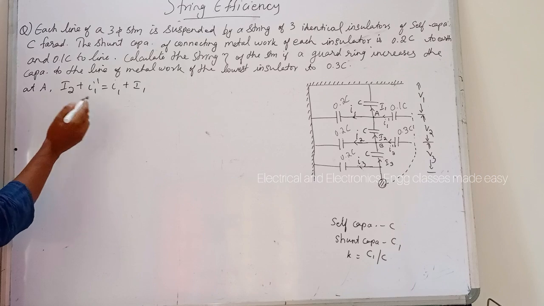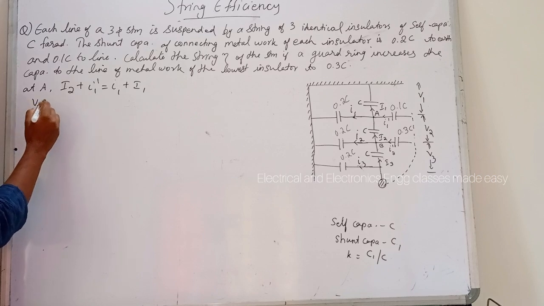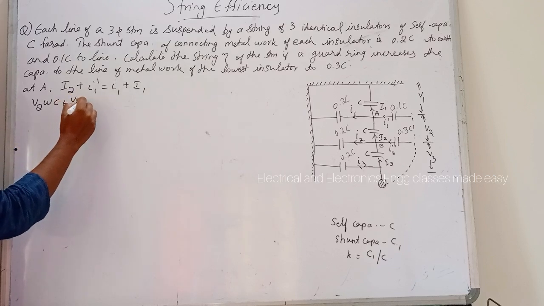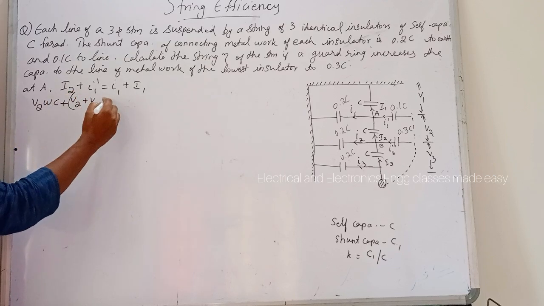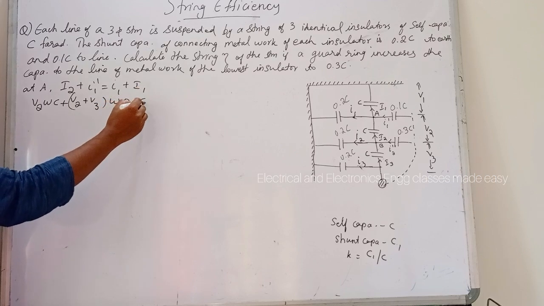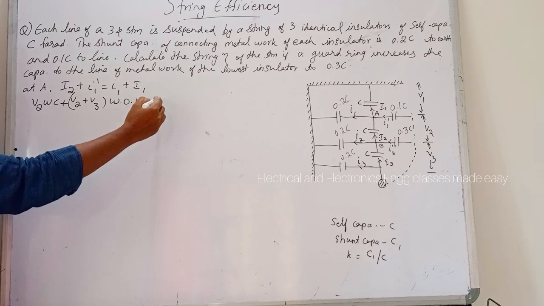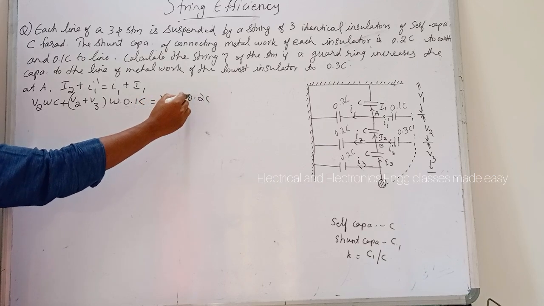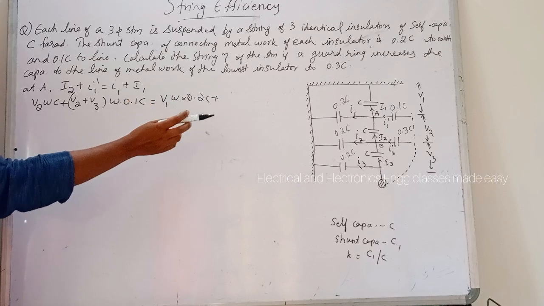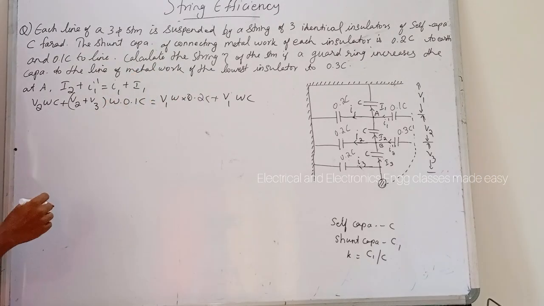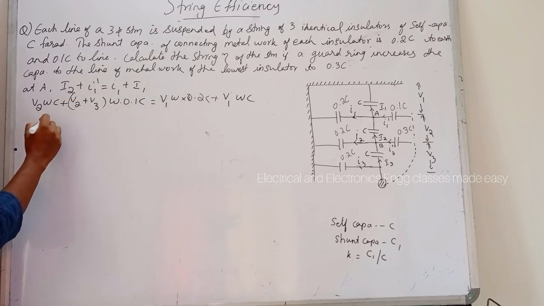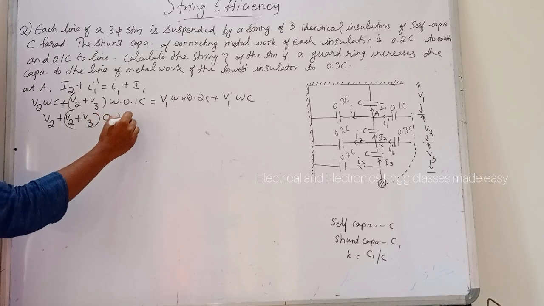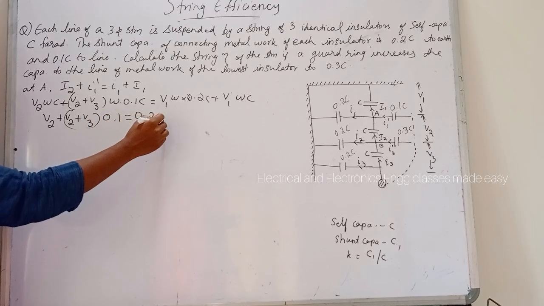So I2 is V2 into omega C, plus I1 dash is V2 plus V3 into omega into 0.1 C, equal to small I1, which is V1 into omega into 0.2 C, plus capital I1, which is V1 omega C. Now omega C we can cancel, then we will get V2 plus V3 into 0.1 equal to 0.2 V1 plus V1.